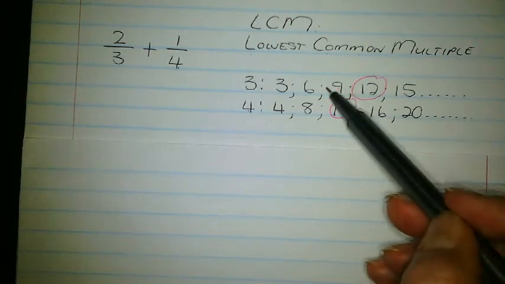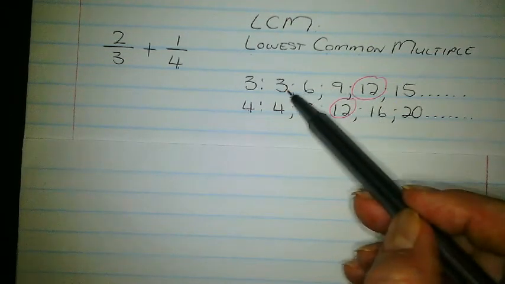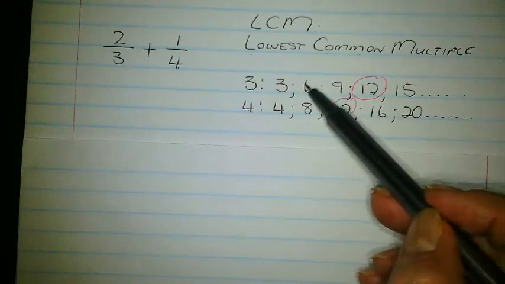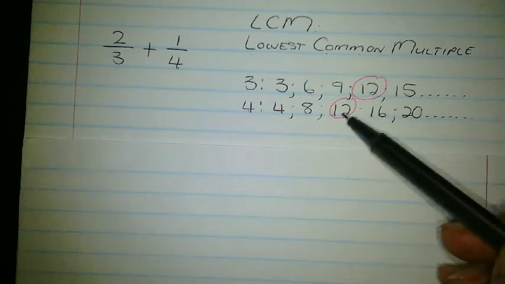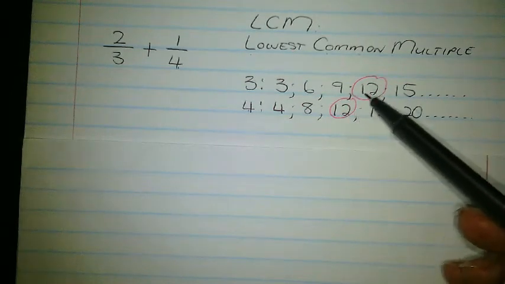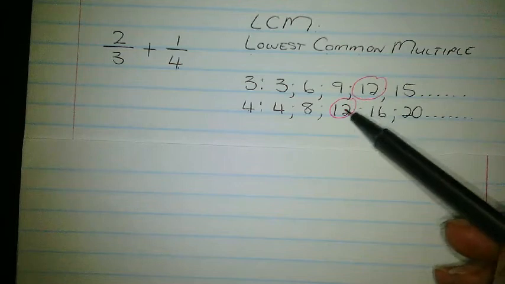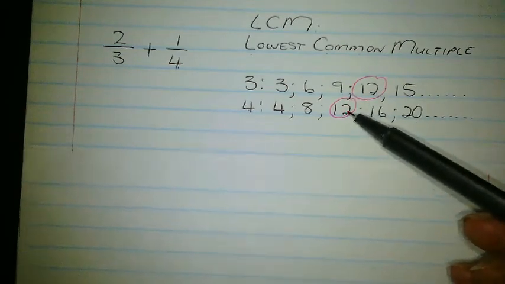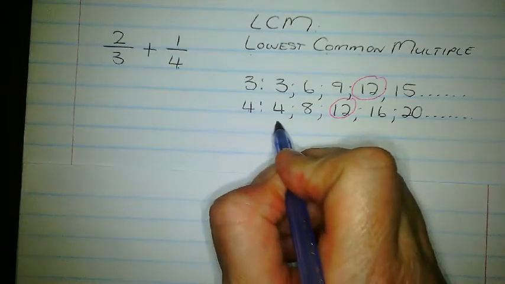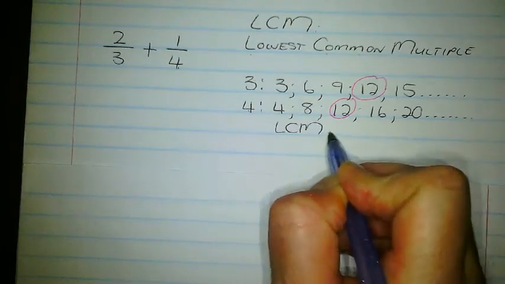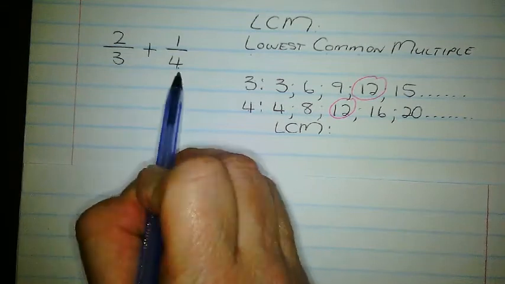And if I look at the numbers smaller than the 12, you'll see that the lowest one, so the first number that you saw that's in both of the multiples, is going to be the 12, and that means it's my lowest number. So that will be my LCM of these two denominators.